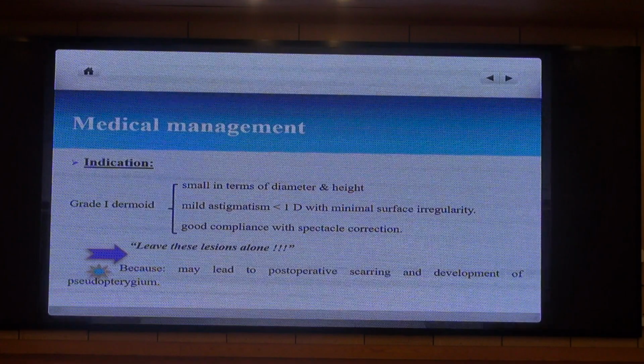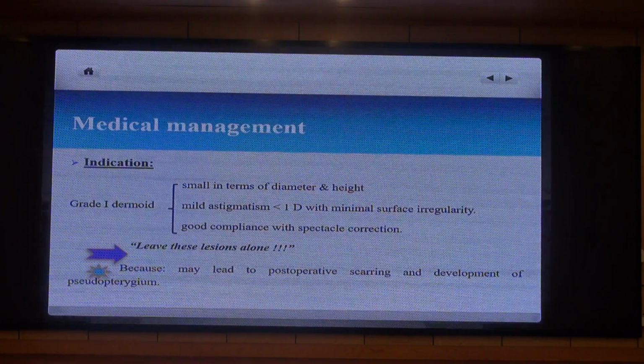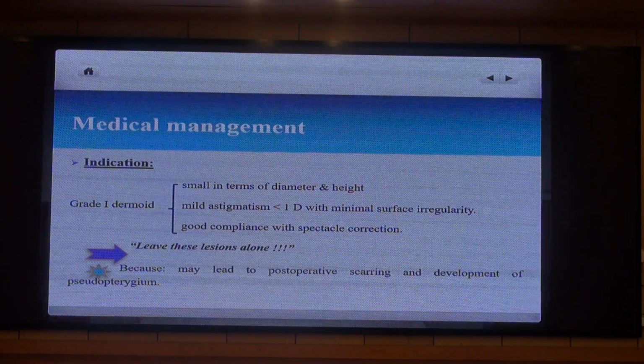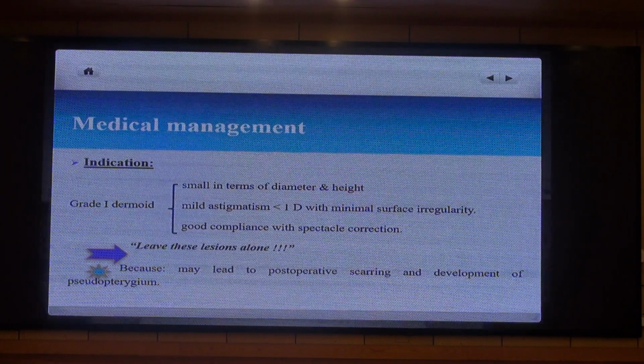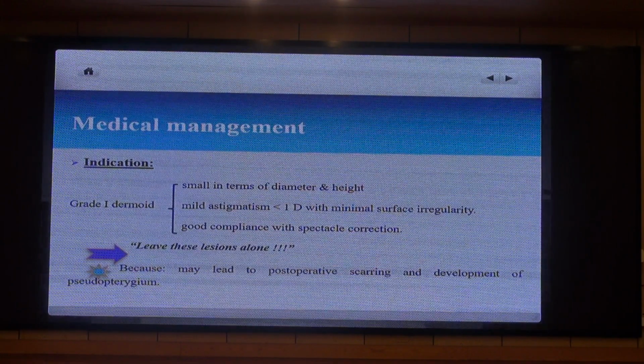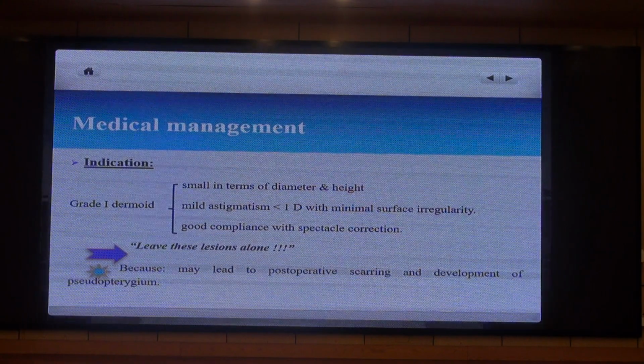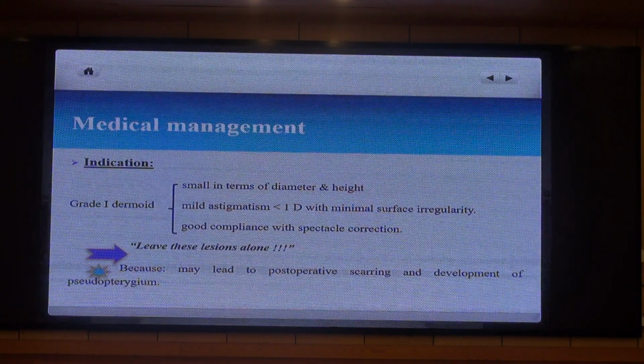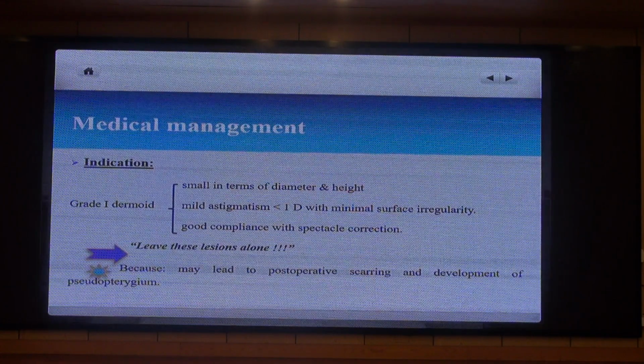The medical management indications are almost all grade 1, with a very small diameter and height, normally smaller than 1 mm, mild astigmatism, less than 1 diopter, minimal surface irregularity, and good compliance with spectacle wear.